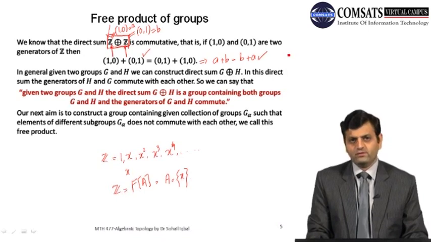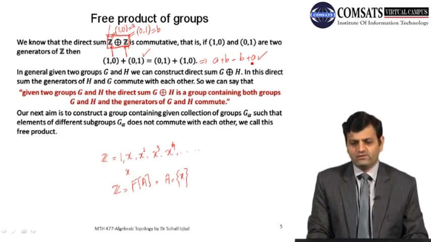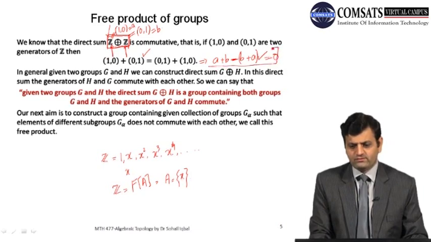A free group is a group which has no relations, but here there is one relation: A + B - B - A equal to 0.